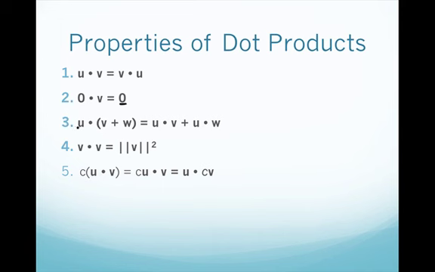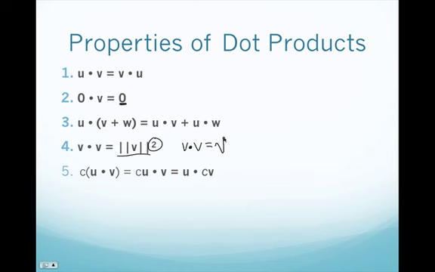The dot product of u with the sum of vectors v and w is going to result in the dot product of u and v plus the dot product of u and w. Now this one's a little bit different. The dot product of a vector with itself, so here we've got v dot v, equals the magnitude squared. So remember, this is our symbol for magnitude. And what this is saying is that v dot v is going to equal the magnitude squared.